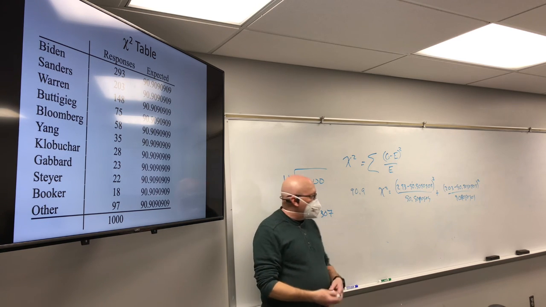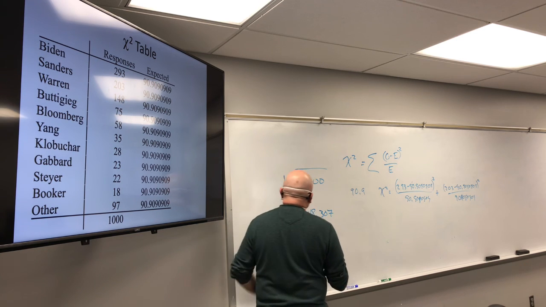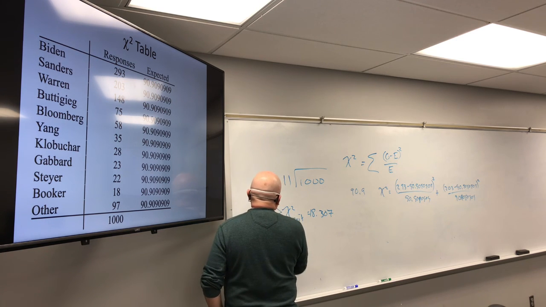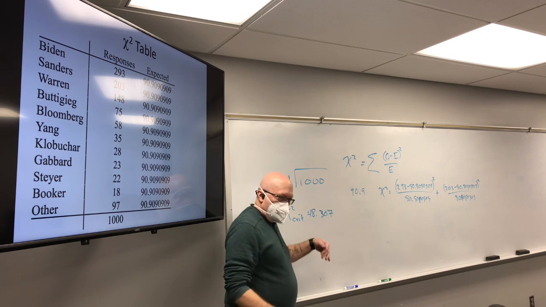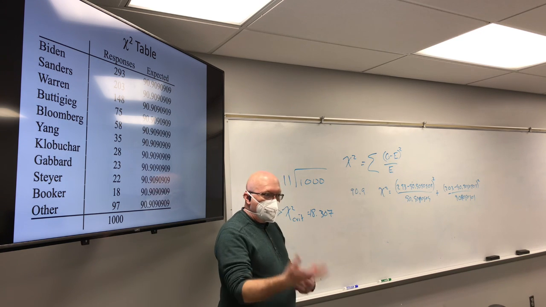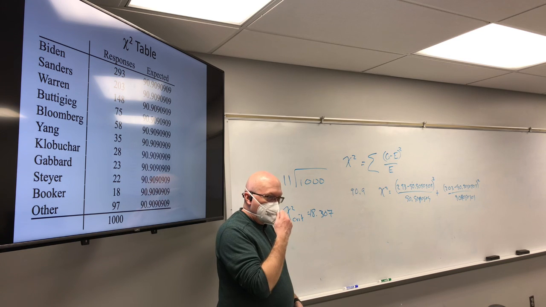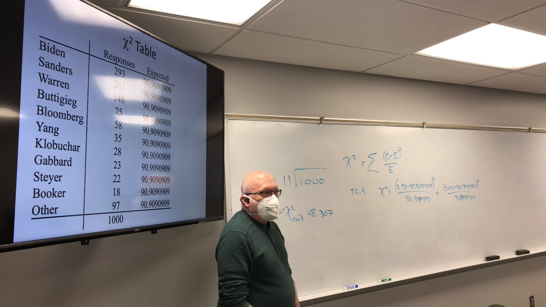It basically tells you that if the chi-square critical is smaller than the chi-square value that you observe, then there are differences between what you expected and what you observed.